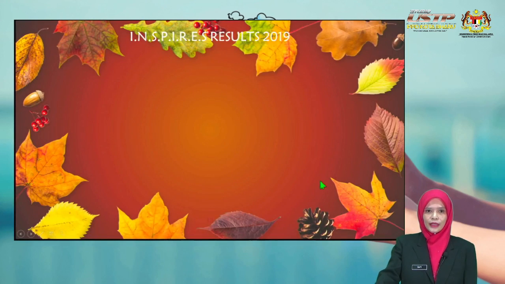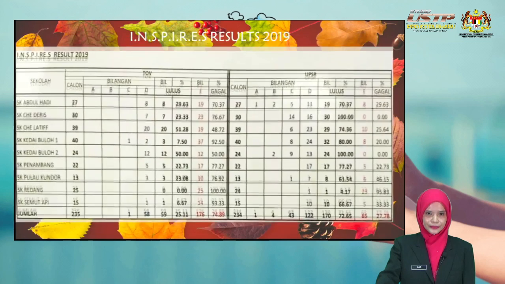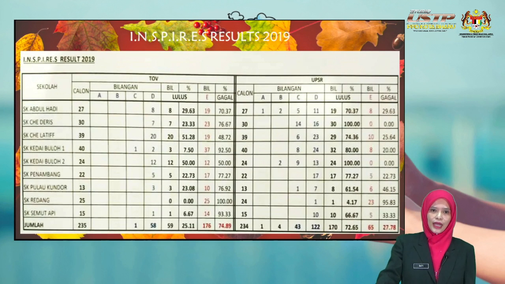Well, now let's look at the Inspires result for 2019. Here I would like to share with you the Inspires result. The Inspires candidates for 2019 are 235 pupils from 9 schools.